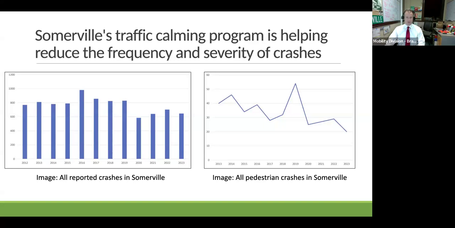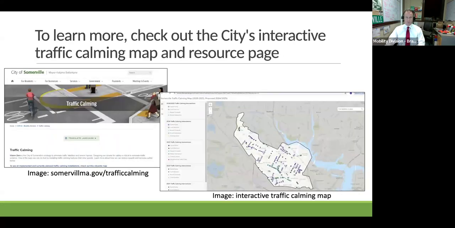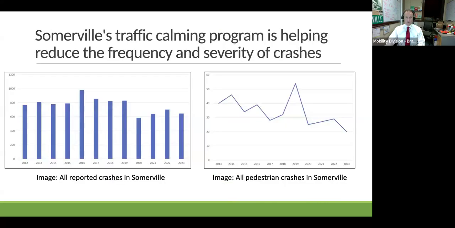The second graph on your screen illustrates the crashes that we're really most concerned about, those that involve people walking, wheeling, and biking. Again, you see a really encouraging trend line in this line graph, going from approximately 40 or even 50 crashes per year involving pedestrians down to 20 or 30 as our traffic calming program continues to grow.